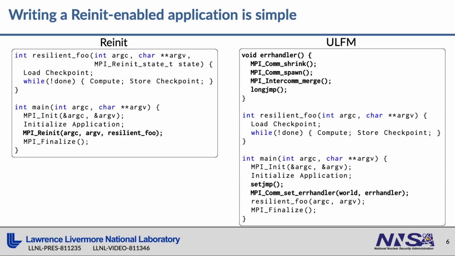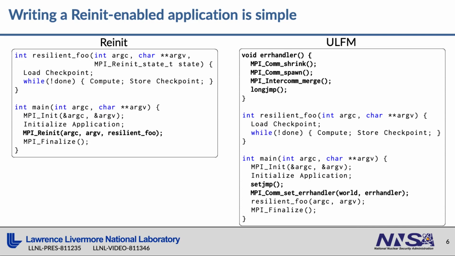We saw examples on how to write a Reinit-enabled application for global restart recovery, and also how to contrast that with an equivalent implementation using ULFM. So looking at the code on the left for Reinit, we start with the main function. The programmer would call MPI init to initialize the MPI runtime, and then it would go forward with an initialization of the application.